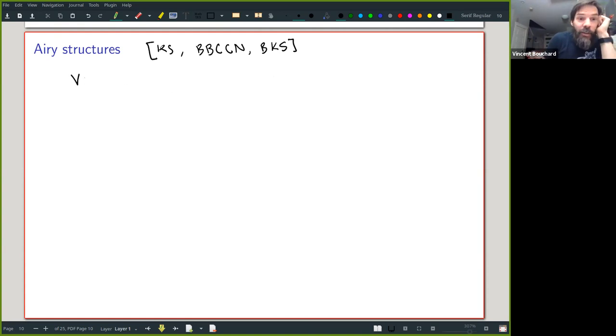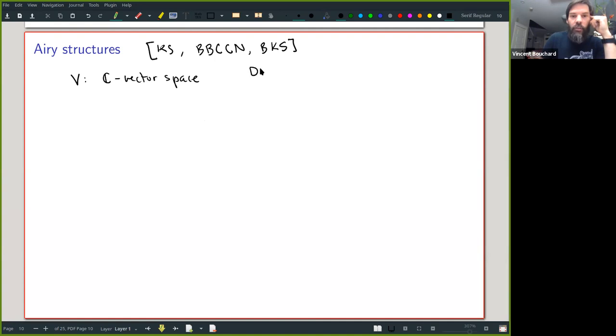So let me define what this is. It starts with a complex space, so a C vector space. The construction of area structure, I should say, is very basic. In the end, it's very simple, but it does contain a lot of pretty nice structure, and it connects to a lot of different areas, which is the power of the construction. All right, so V is a vector space. We're going to talk about two different cases.